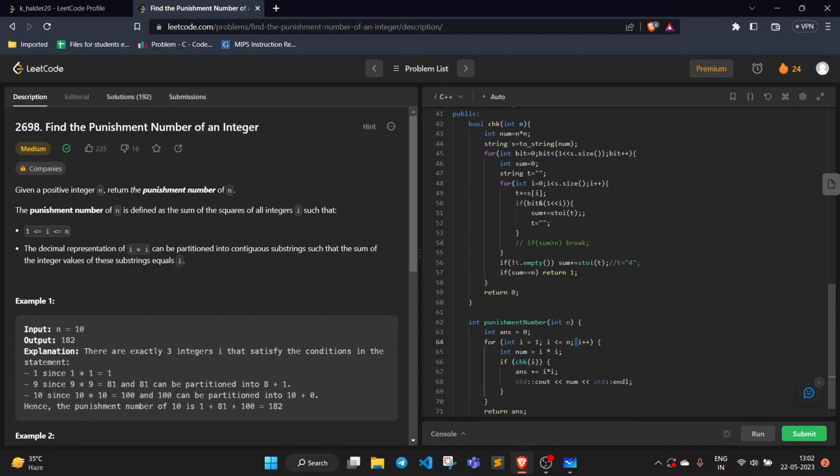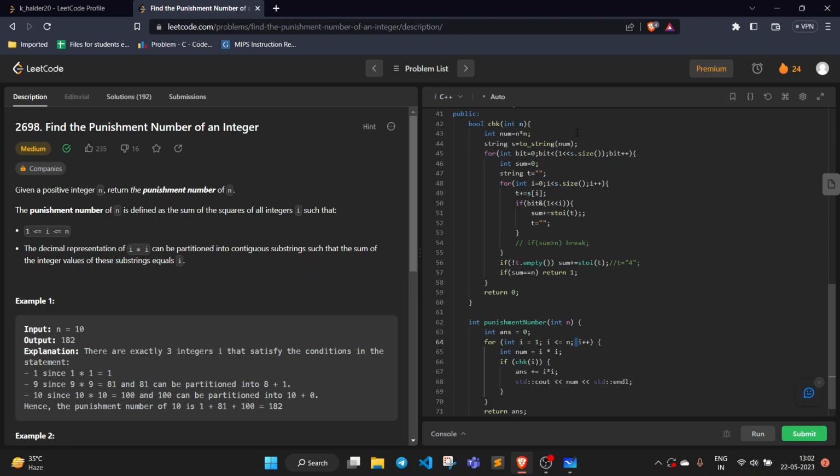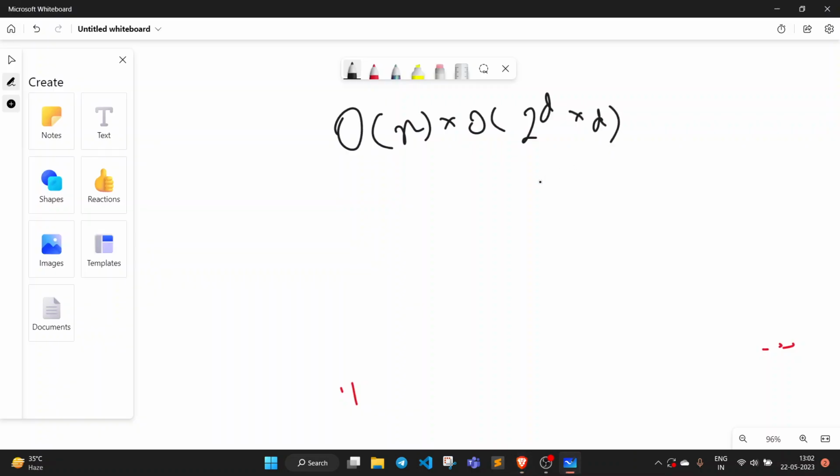The total number of operations in this check function is 2 to the power d into d. Let's call d the number of digits in the number n square, so d equals the number of digits in n square.